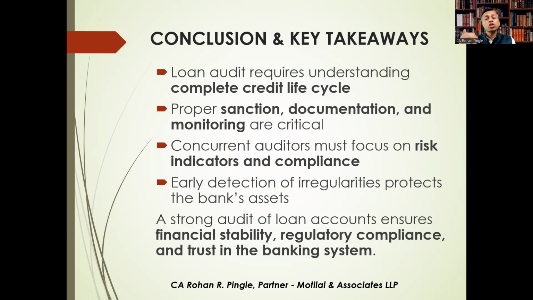Therefore, the auditor must approach loan accounts not merely as document checking, but as a holistic risk evaluation process. A vigilant concurrent auditor can detect early warning signals, prevent frauds, and improve what? Credit quality. This ultimately supports stronger banking governance and financial system stability. And as a concurrent auditor, we need to take care of these aspects.